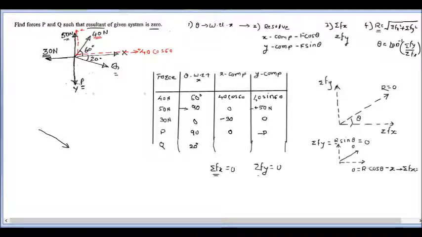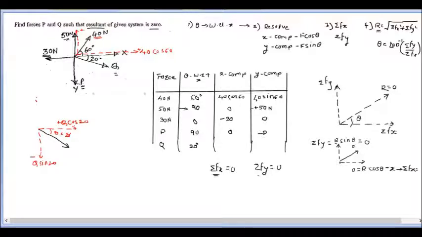In the same way, we resolve this force Q. Q is here in the fourth quadrant, so we can resolve its components this way: theta is given as 20, so its x component will become Q cos of 20 and its y component will become Q sine of 20. For the sign convention, this x component is acting along the positive x axis, and the y component is acting along the negative y axis.